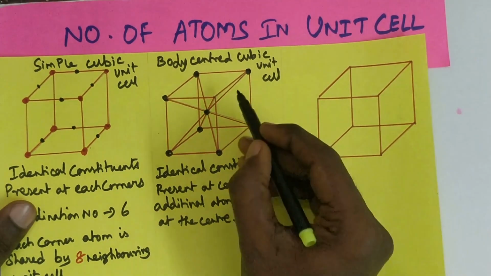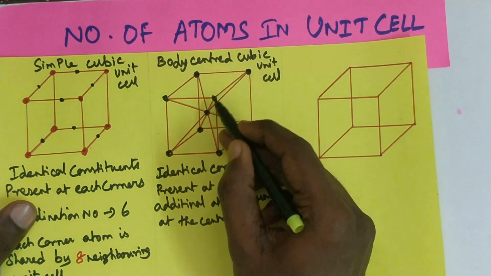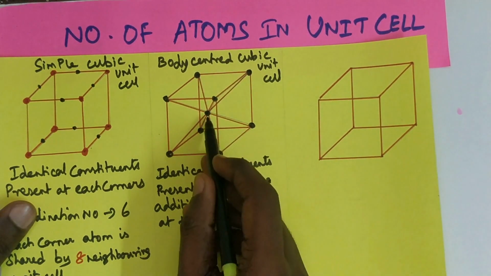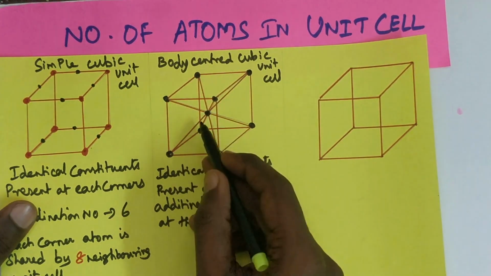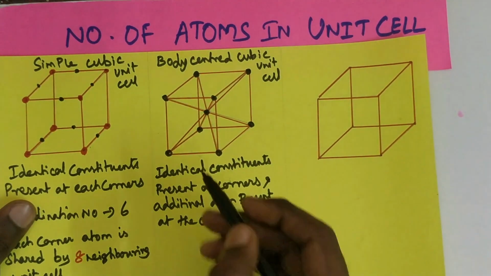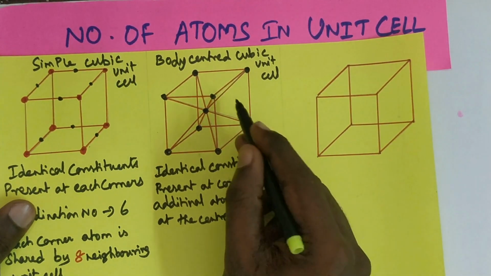In this, the corner atoms do not touch each other. You see in the diagram, the corners do not touch each other, but all the corner atoms touch the body centered atom present in the unit cell. All 8 corners touch the body centered atom. That means the neighboring atoms number 8.